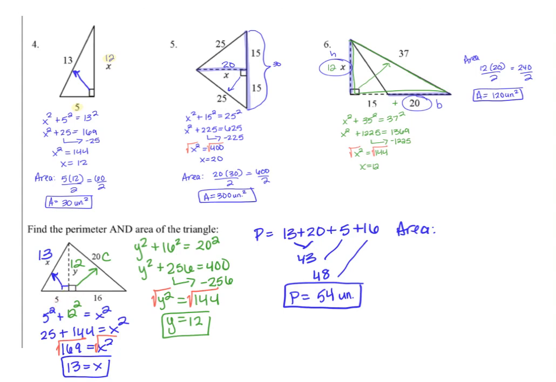So we have 21 times 12 divided by 2 for the area. 21 times 12 is 252, and then 252 divided by 2 gives us an area of 126 units squared.